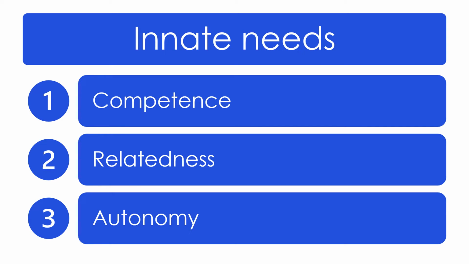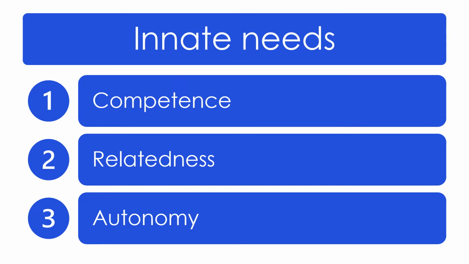The three innate psychological needs are the needs for competence, relatedness, and autonomy. When the three psychological needs are satisfied, people are self-motivated. When those needs are blocked, people have diminished motivation and well-being.